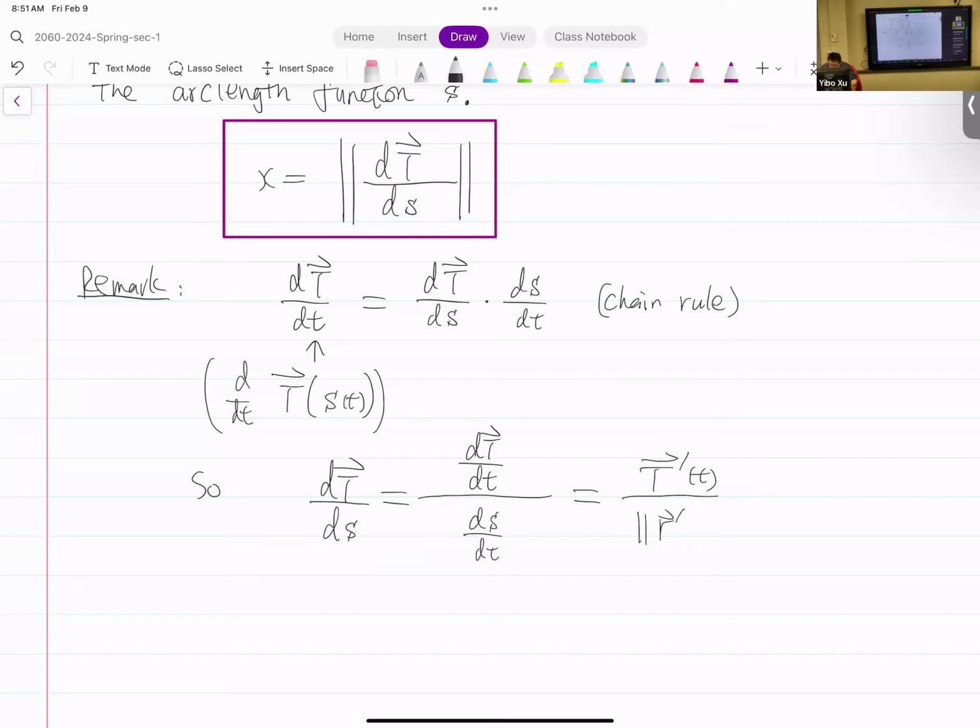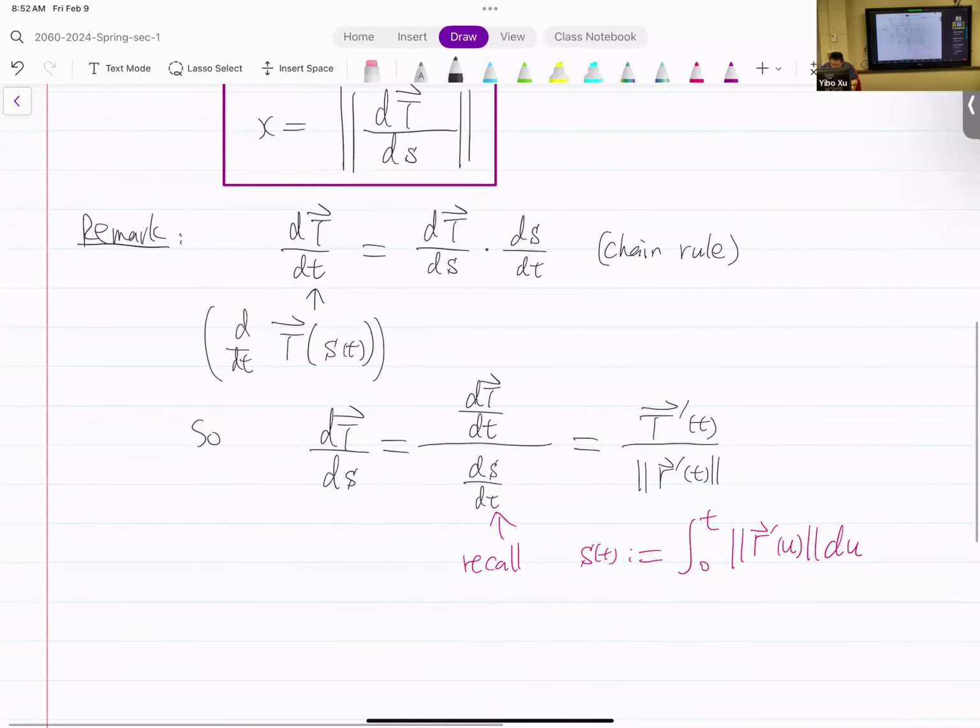The bottom is the magnitude of r prime. Recall, this little s is defined as the integral from 0 to t of the magnitude of r prime of u. Let me quickly write down the equation.